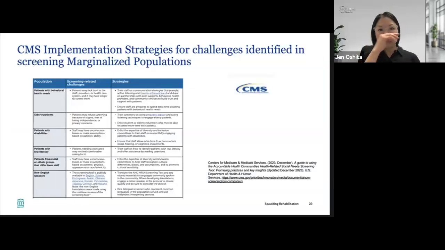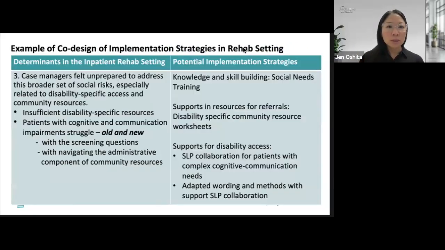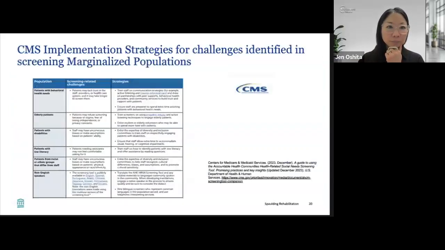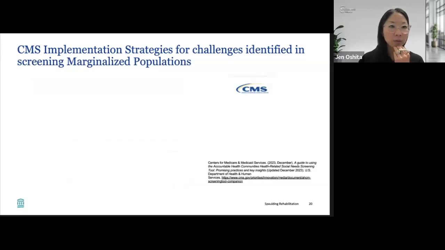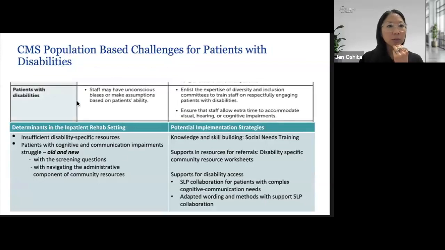All right, so I highlight these determinants and these strategies because actually CMS did a similar thing by marginalized populations, and this is tiny, but you can see here they did it by patients with behavioral health needs, elderly patients, patients with disabilities, patients with low literacy, and they even have one for patients with disabilities.